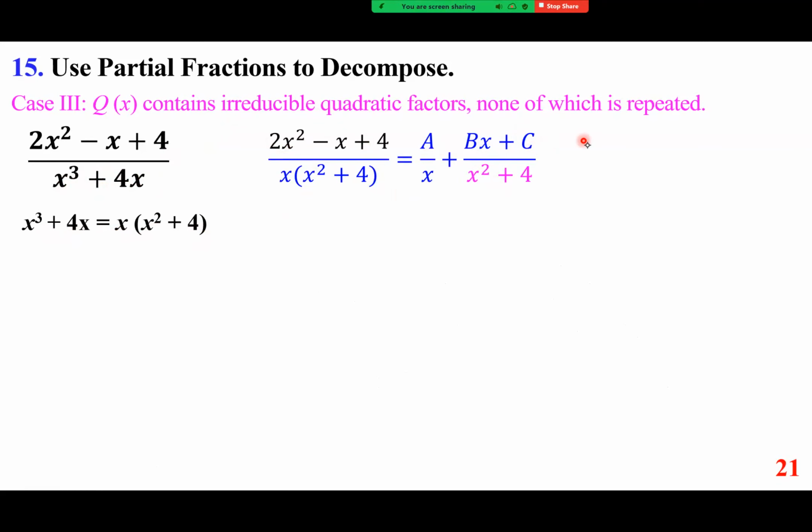Again, we're going to multiply by the LCD, which is x times x squared plus 4. And so the first fraction on the left goes away, and the last one becomes a times x squared plus 4, and then bx plus c times x.